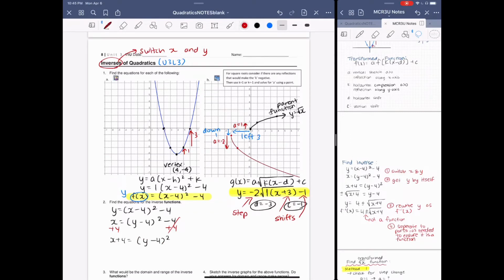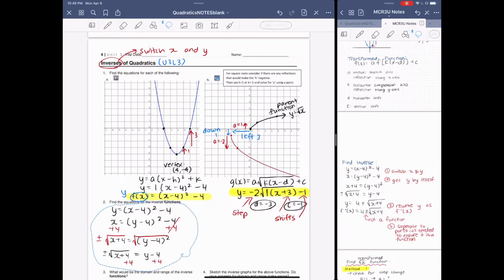That means I need to square root both sides. When you do that, remember you get a positive and negative version when you take the square root. So I have plus minus square root of x plus 4 equals y minus 4. Almost there. I need to get y by itself, so I'm going to add 4 to both sides.